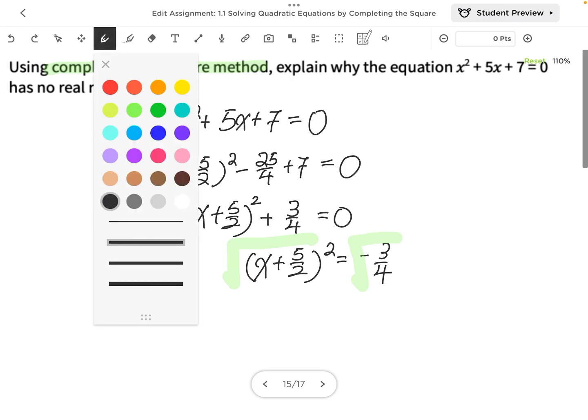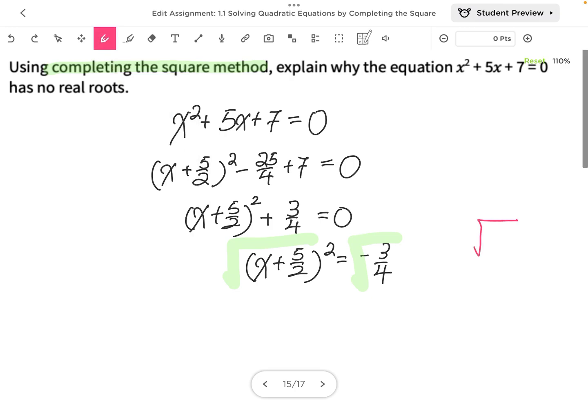What happens, okay, when you square root negative 3 over 4? Your calculator will tell you that this is actually an error, okay? It's an error because you are not able to square root a negative number yet, okay? Eventually, you'll learn this concept of imaginary numbers, but for the time being, you are not able to square root a negative value.